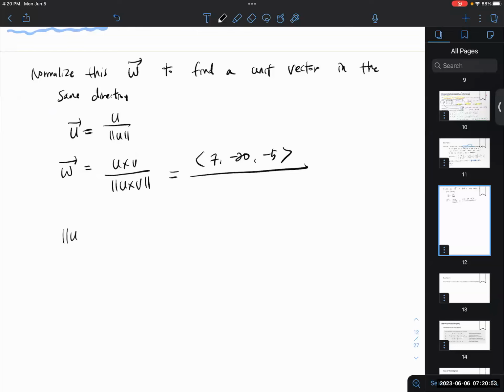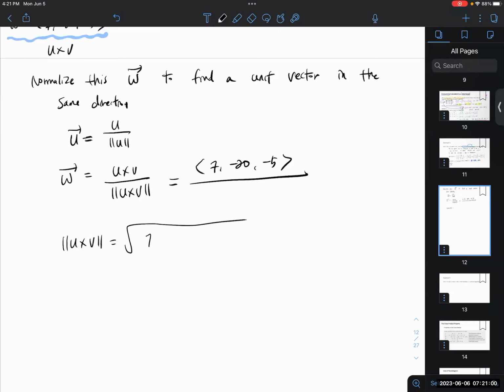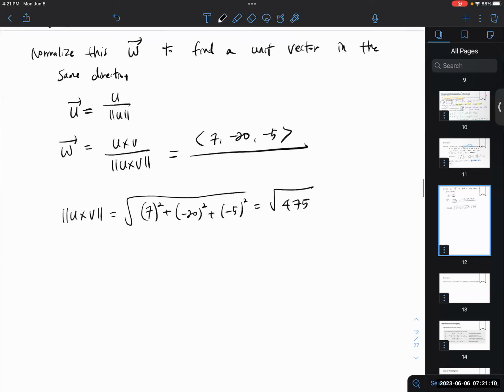So the magnitude, because this is your u times v: 7 squared plus negative 20 squared plus negative 5 squared, you should get a big number, 474. So we're going to divide by the square root of that.